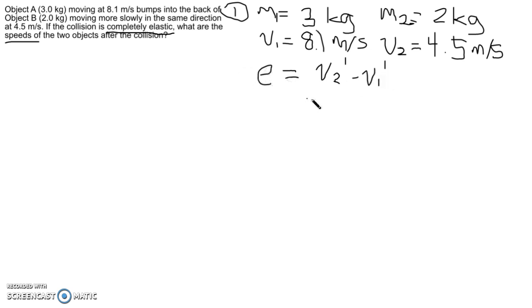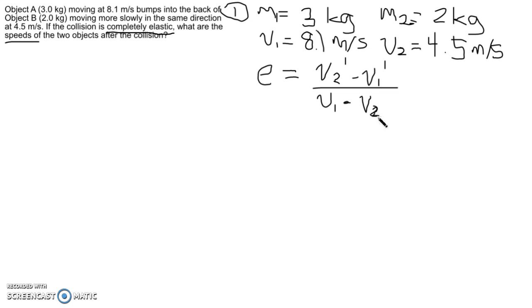The coefficient of restitution is equal to the second final velocity minus the first final velocity, over the first initial velocity minus the second initial velocity.